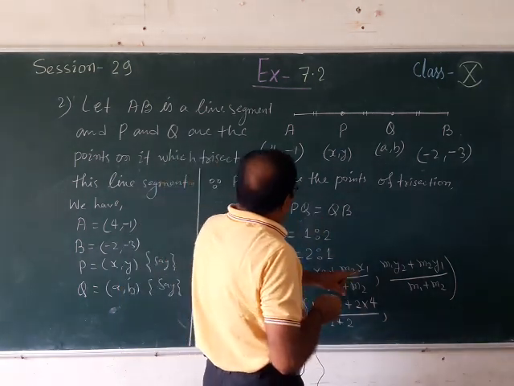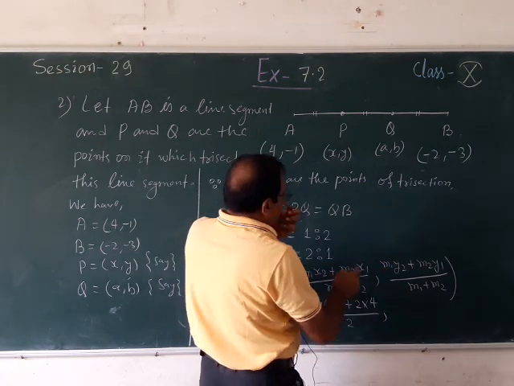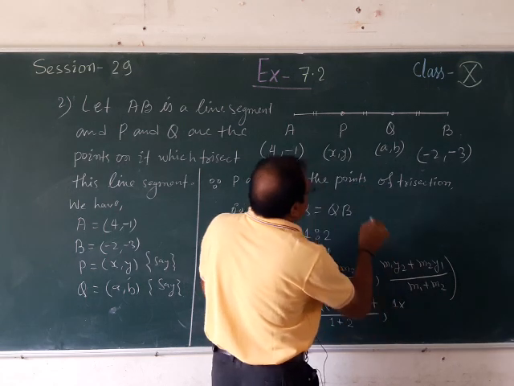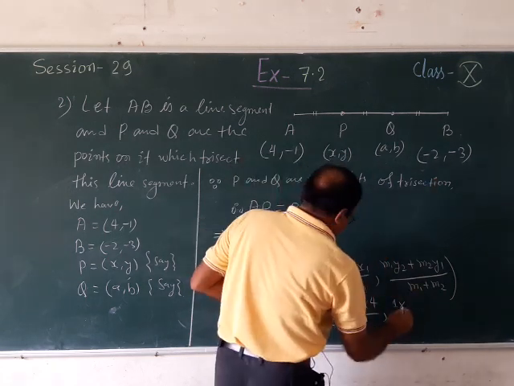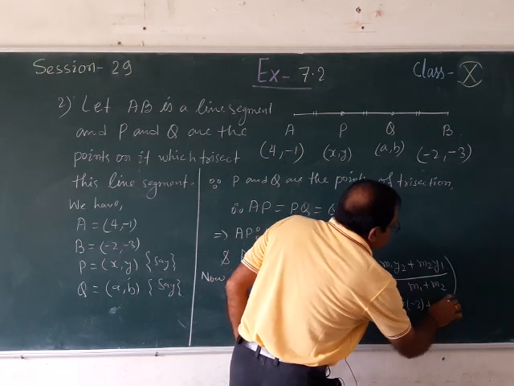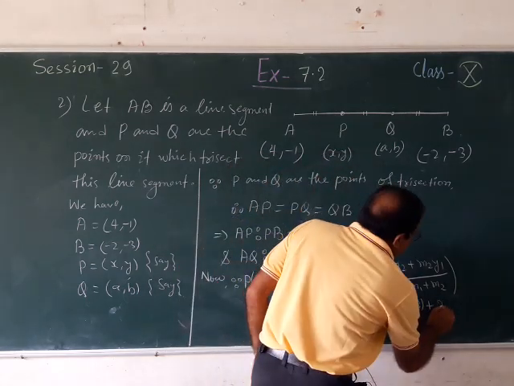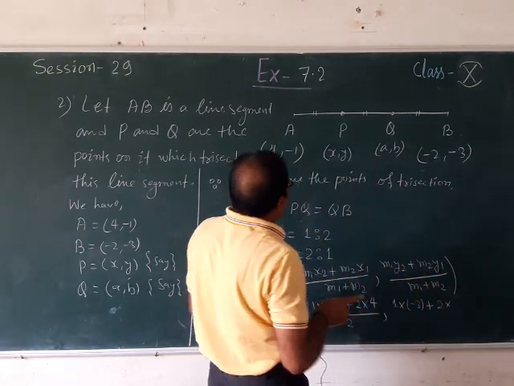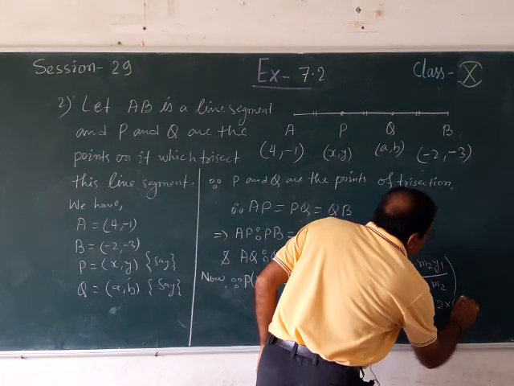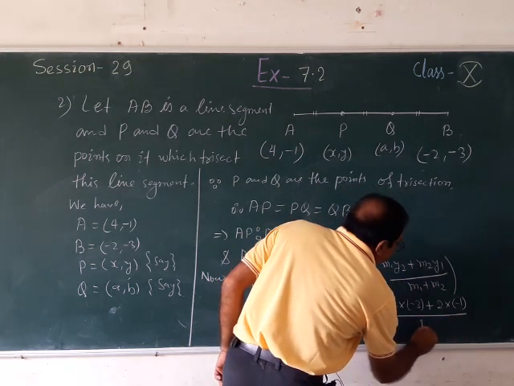Again for this point y, m1 is 1 and into y2, you can see y2 is -3, I can write here -3 plus m2 is 2 and y1 is -1, upon 1 plus 2.